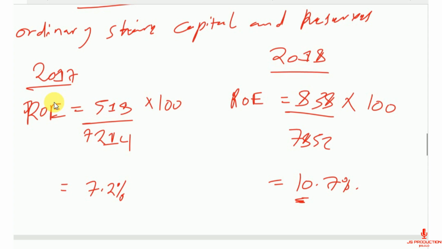Let us compare the return on capital employed with the return on equity. Return on capital employed seeks to assess the effectiveness of the business in generating profit from the capital at its disposal. As you saw from our formula, return on capital employed is equal to profit before interest and tax divided by capital employed.